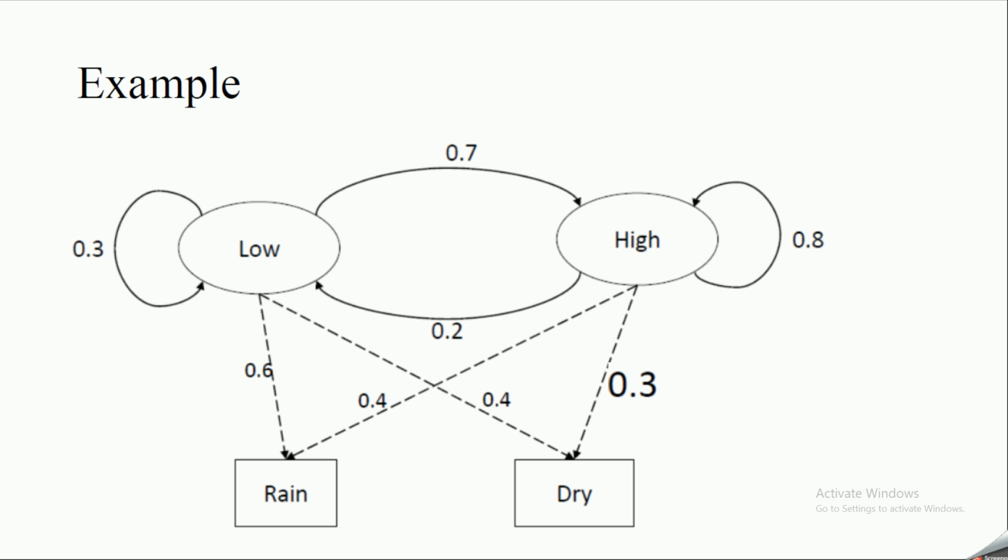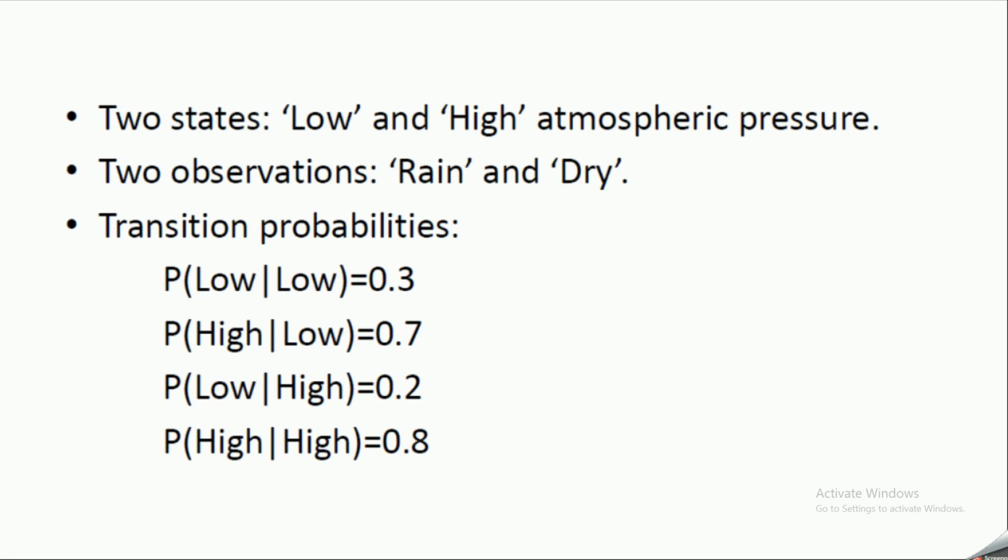The dotted lines represent the probabilities connecting the states with the observations. So there are two states, low and high atmospheric pressure, and two observations, rain and dry.